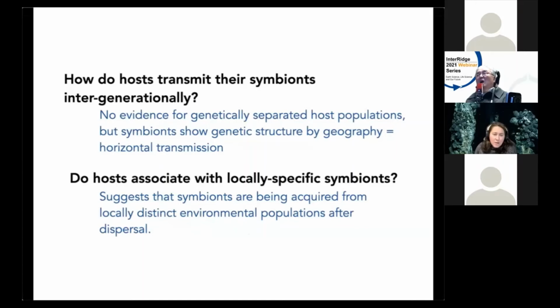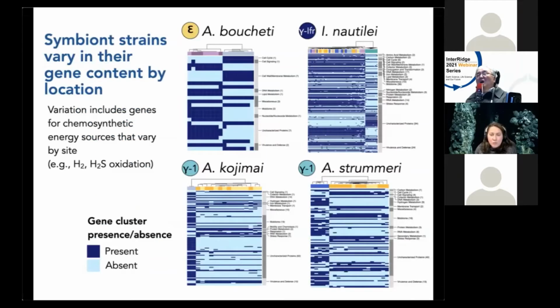Okay. So as I mentioned, the other thing we wanted to look at was the potential for adaptation and functional differences in these symbionts by strain according to site. And so what we did is look first at the presence and absence of different genes in the genomes of these symbionts according to site.